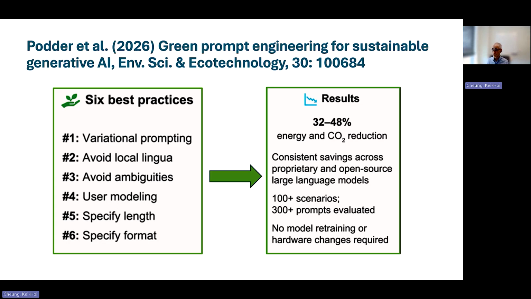For example, if you use these 6 best practices to do the prompt engineering, they tried different scenarios and evaluated them. They found you can reduce up to 48% in terms of energy consumption and carbon footprint. So this is quite amazing.